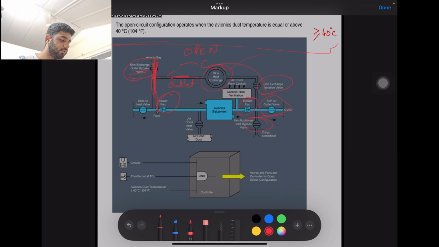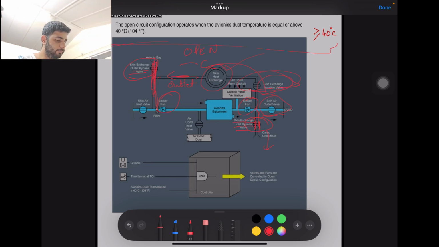Otherwise it goes towards your cargo underflow. So again, if you notice the skin exchange inlet bypass valve, if you open this, air is actually bypassing the heat exchange and going directly into the cargo. So there is still air. We'll come to those cases later also, so you don't need to worry.